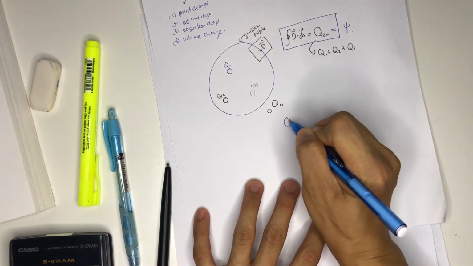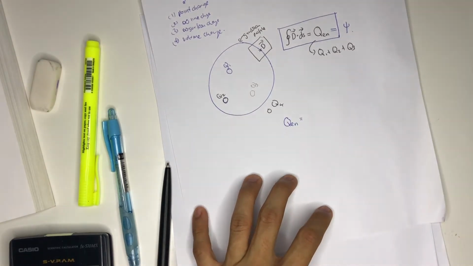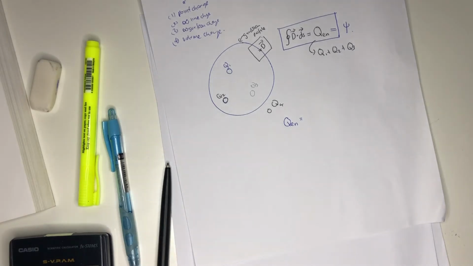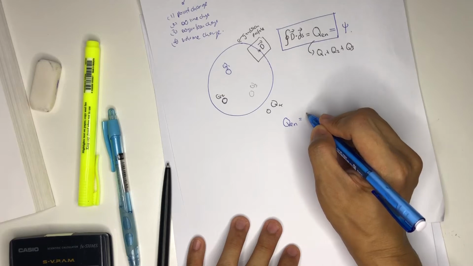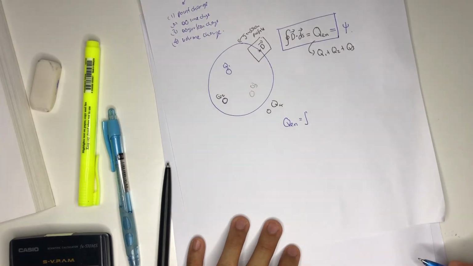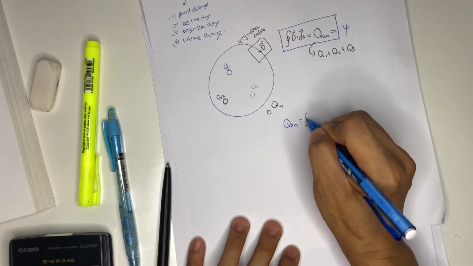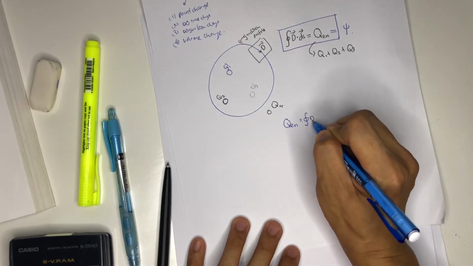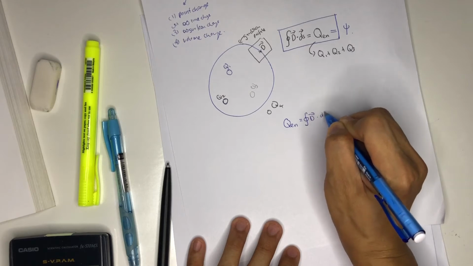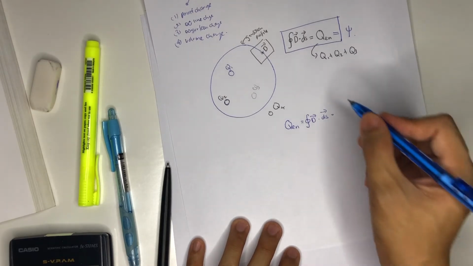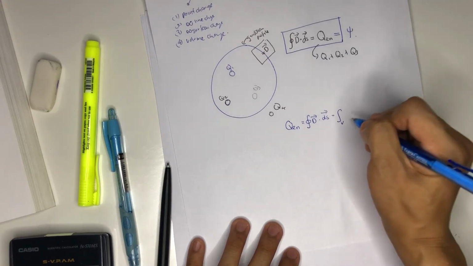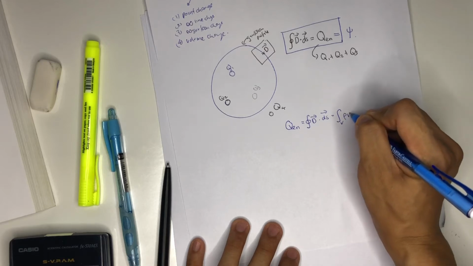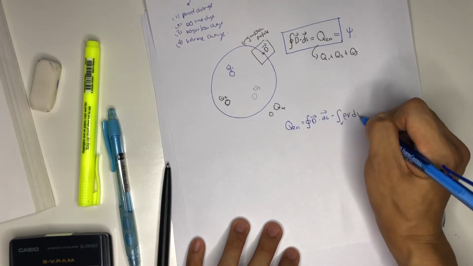From your previous lectures, you also know that Q enclosed for the volume case is a triple integral over the volume of rho v dv.